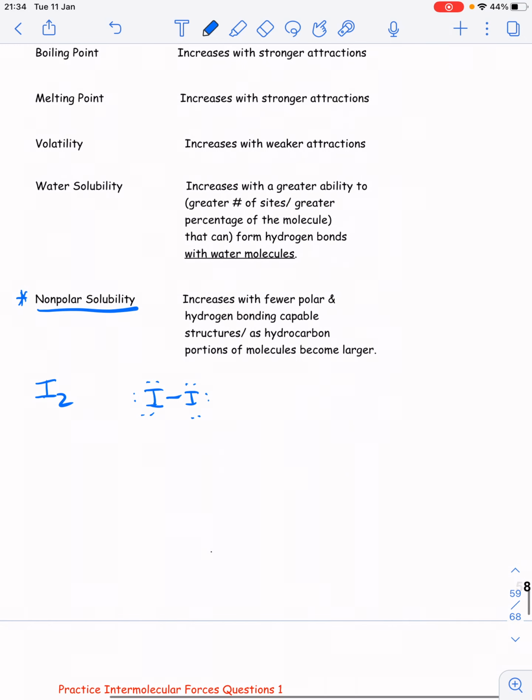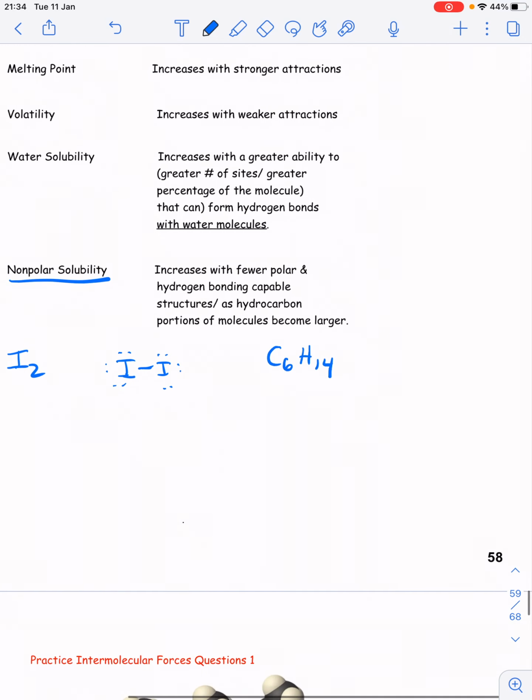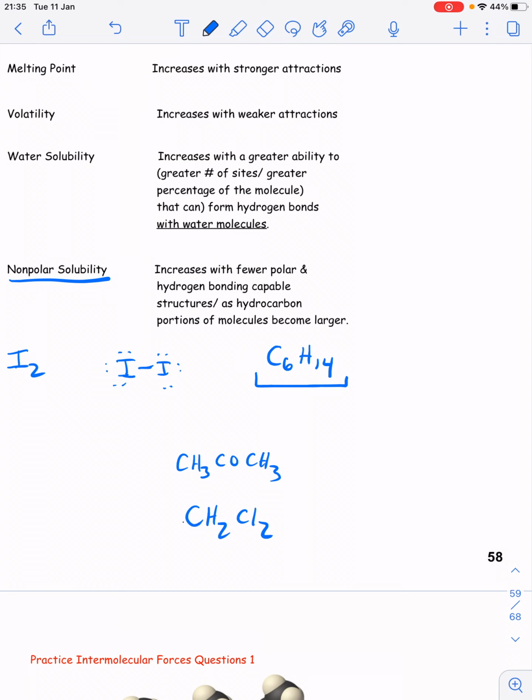So nonpolar solvents could be things like hexane. There are other ones like toluene and turpentine and all these other things, but mostly what they have in common is they tend to be mostly made out of carbon and hydrogen. There are others that have sort of an in-between solubility, things like acetone or propanone, which is a little bit polar, things like dichloromethane, CH2Cl2.